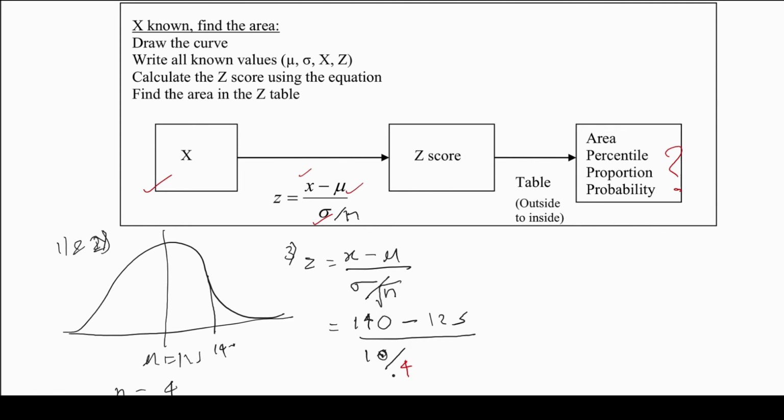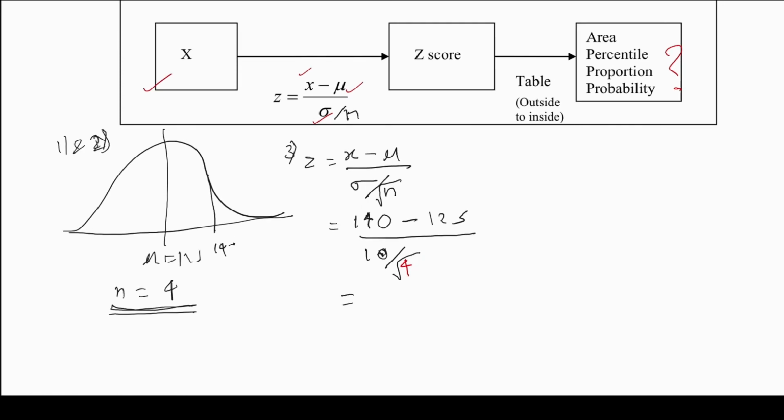I apologize for that formula. So once you know that, you just solve this. This is going to be 15 over 10 divided by 2. That's nothing but 15 over 5. That's a z value of 3.